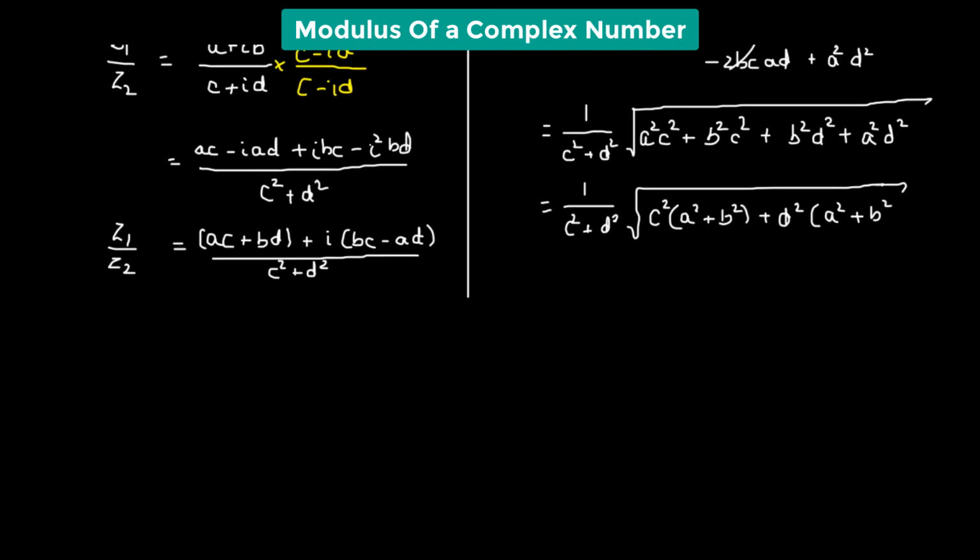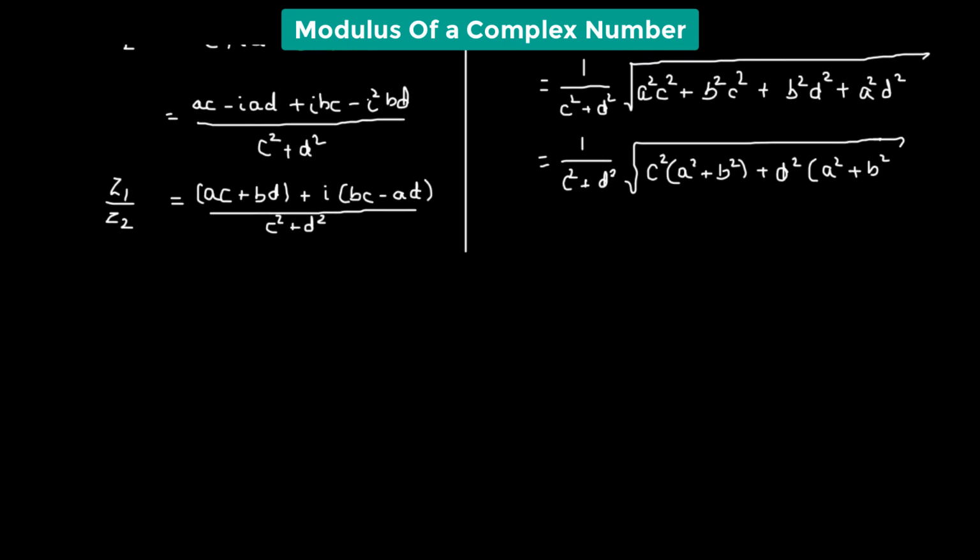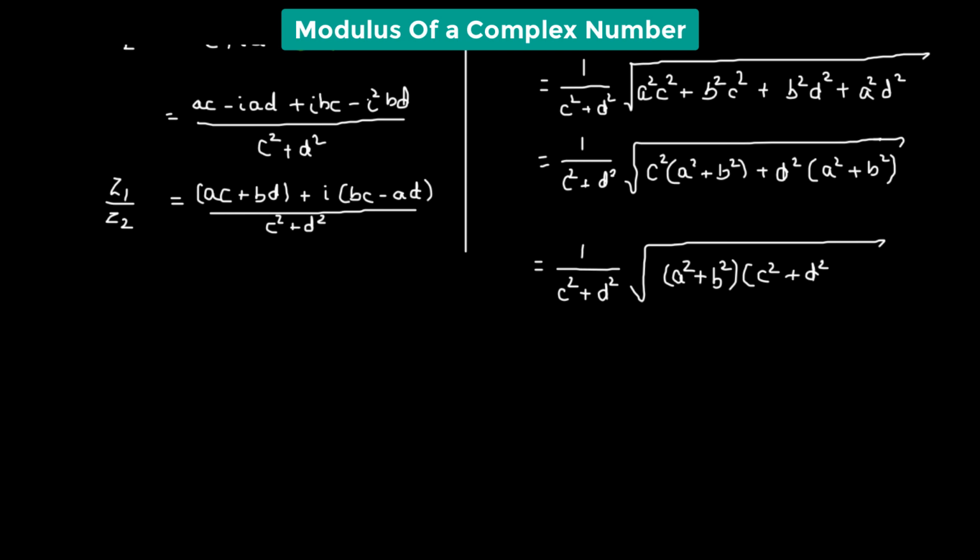Then we do a little factorization here, which gives us 1 over c squared plus d squared times the square root of a squared plus b squared, factored out from the first and second terms, multiplied by c squared plus d squared.